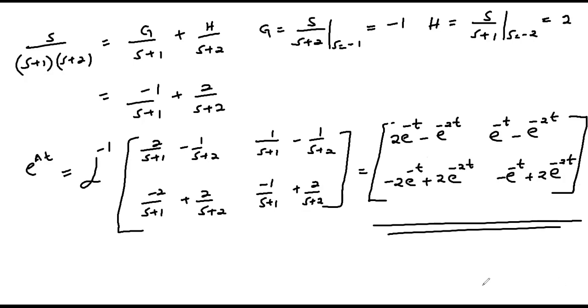We extend the same discussion to a non-homogeneous case. Case 2 is when we have a non-homogeneous case. That means u of t is not equal to 0.